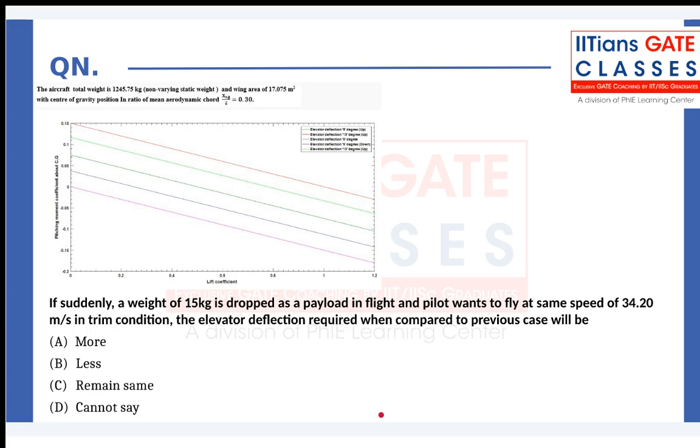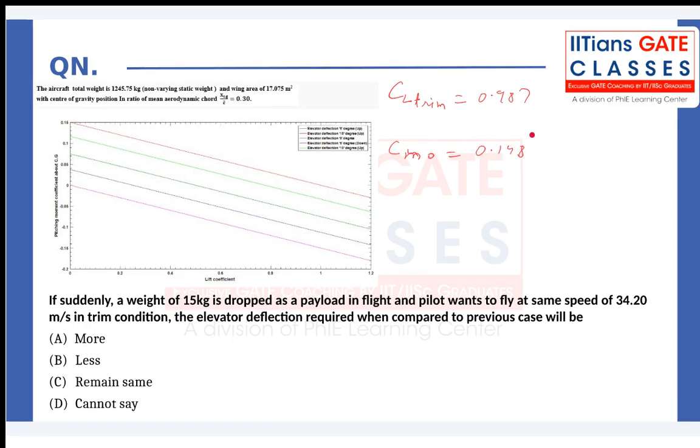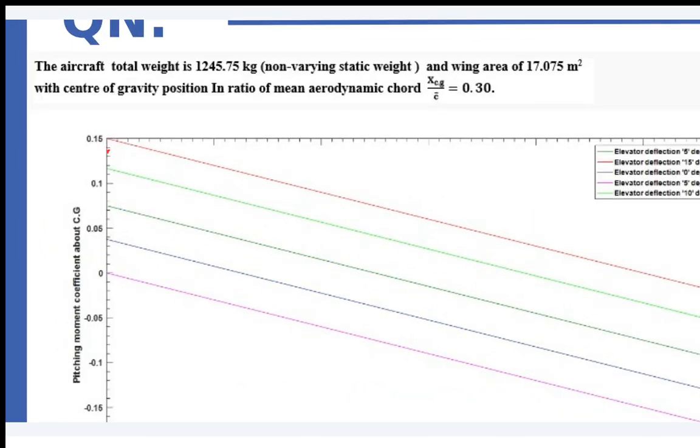You found CL trim again. How much is the new CL trim? 0.987. All right, so your new CM naught will be 0.148. Perfect.